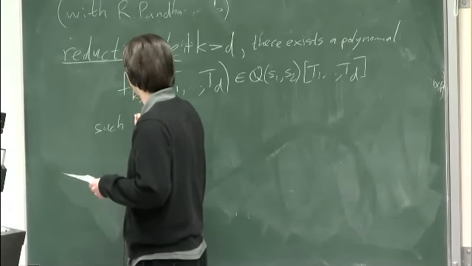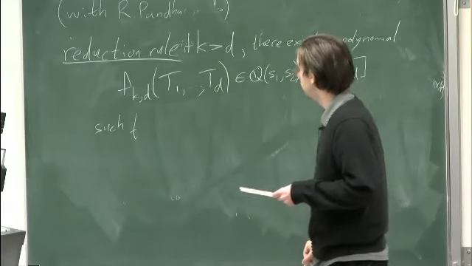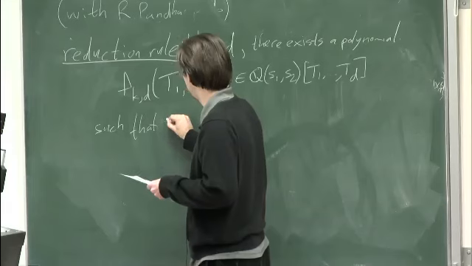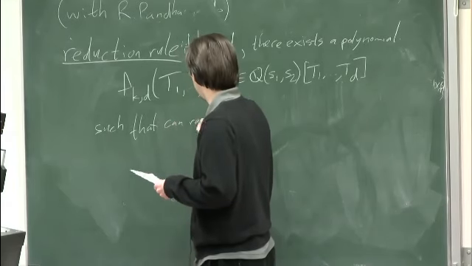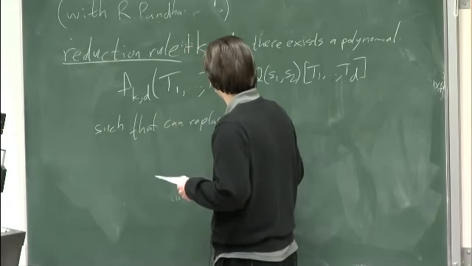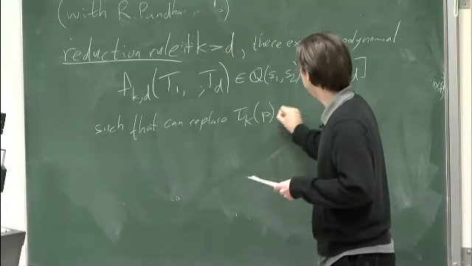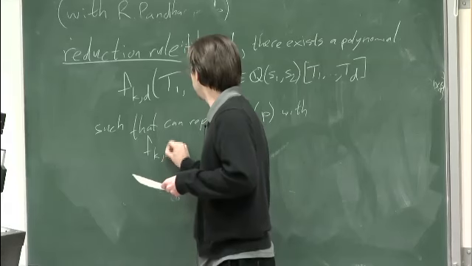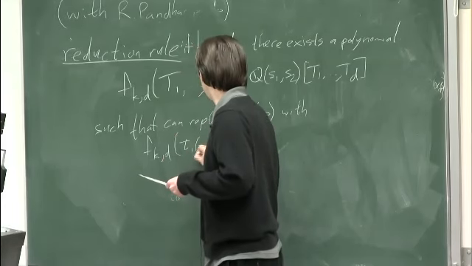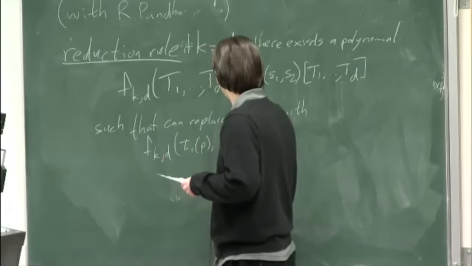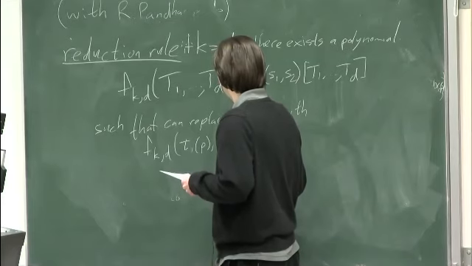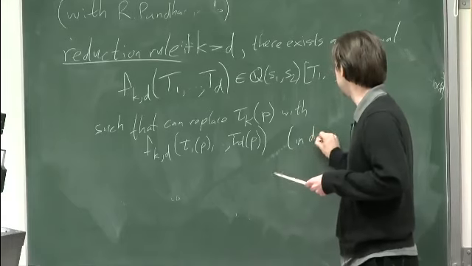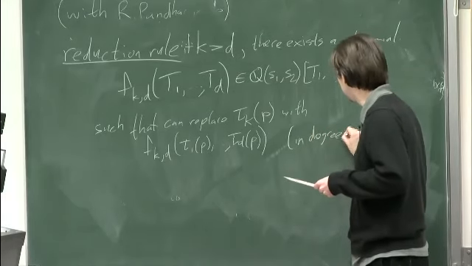And then the property that this polynomial satisfies is that you can replace the descendant tau k of p with this polynomial with tau 1 of p through tau d of p inserted. And this is all in degree d.